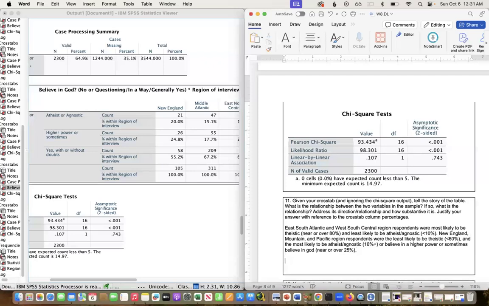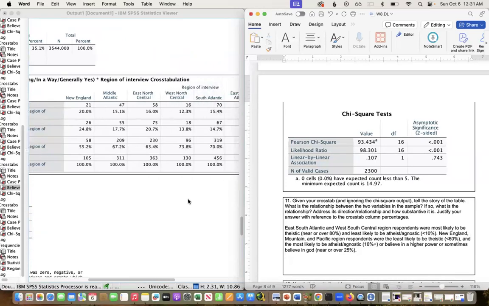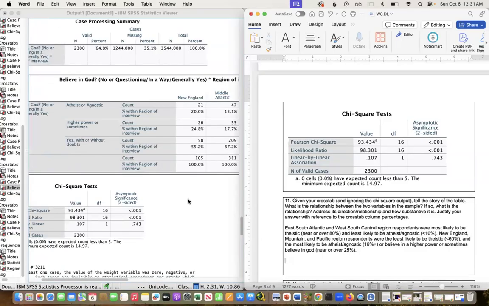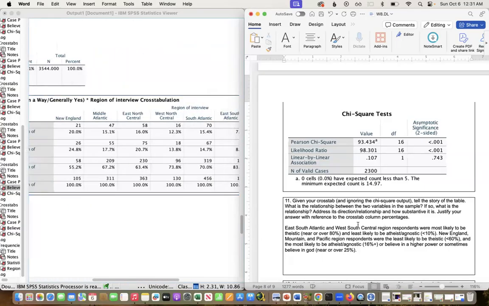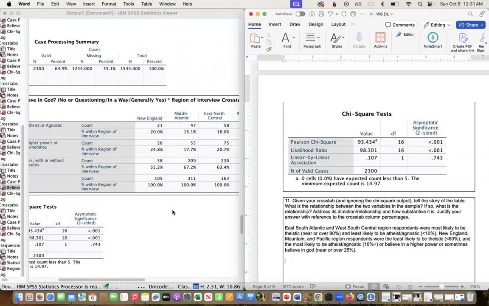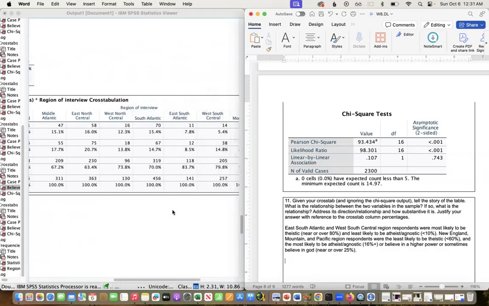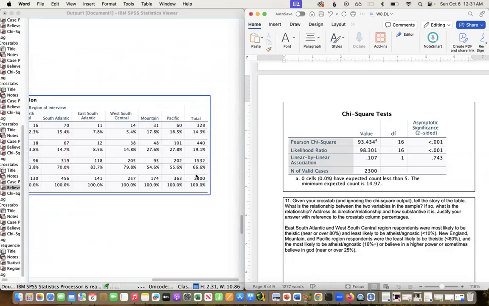Okay. Maybe I'll just also add as I'm comparing, over 10% higher than the overall total.